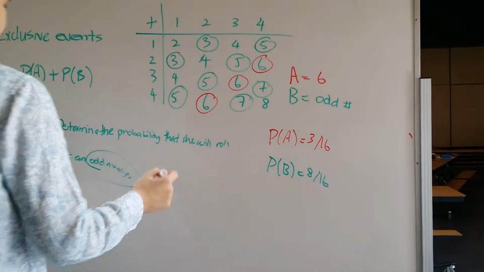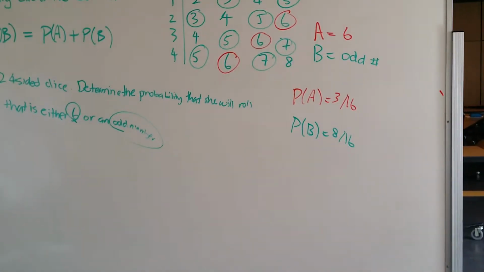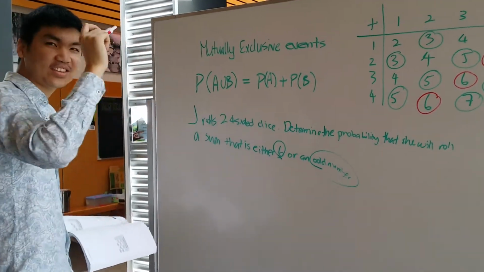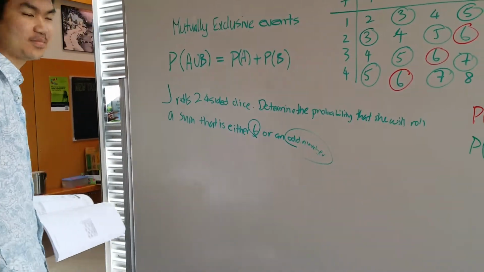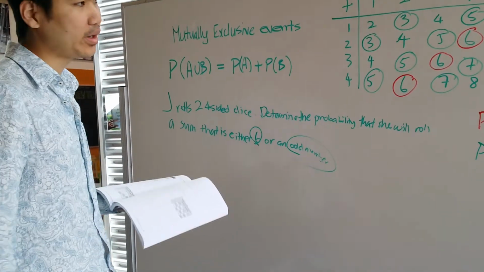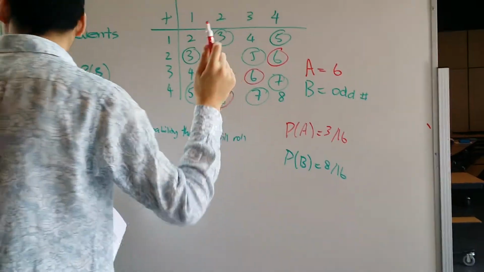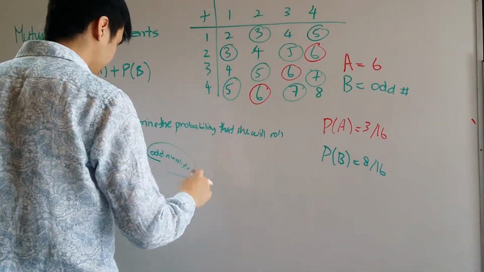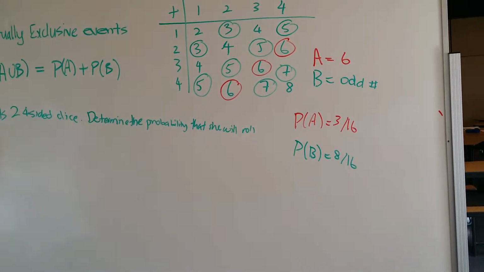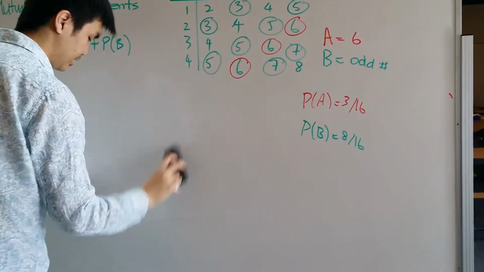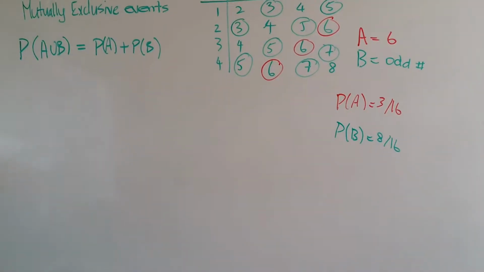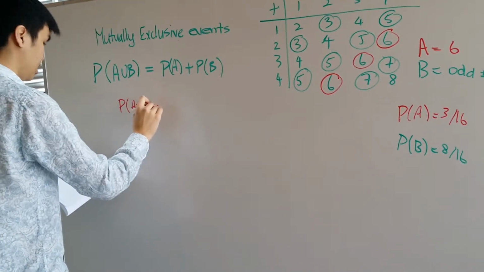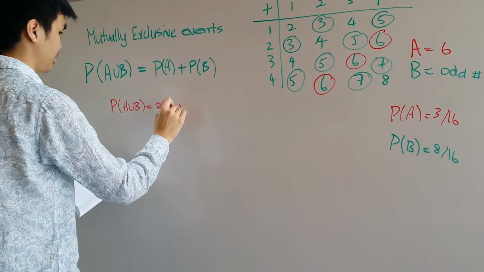The formula is probability of A or B equals the probability of A plus the probability of B. We know the probability of A is 3/16 and the probability of B is 8/16. First, we write down the basic question with more space to write, and then the formula.